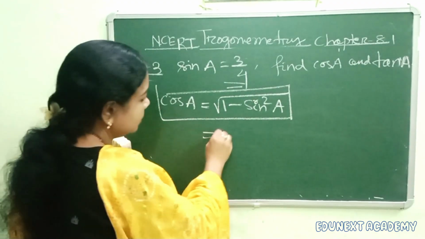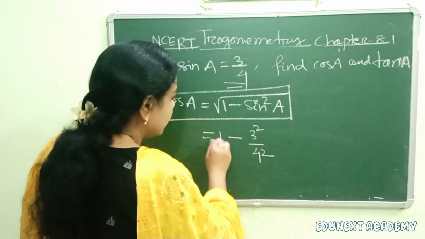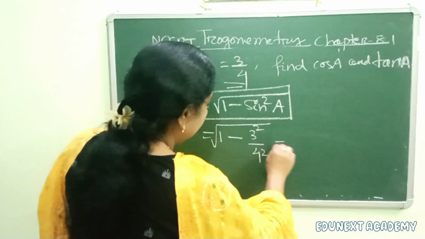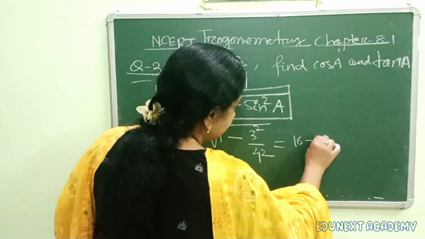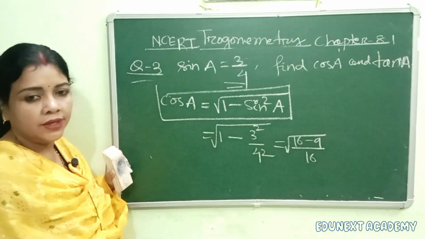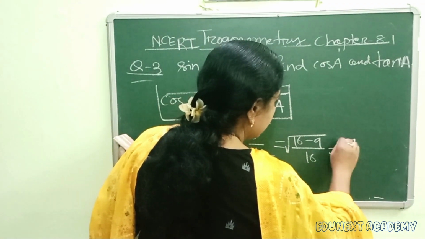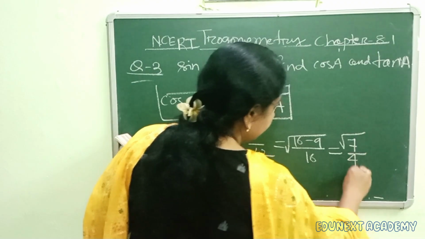That means the square root of 1 minus 3 square by 4 square, that is the square root of 16 minus 9 divided by 16, that is root 7 by 4.